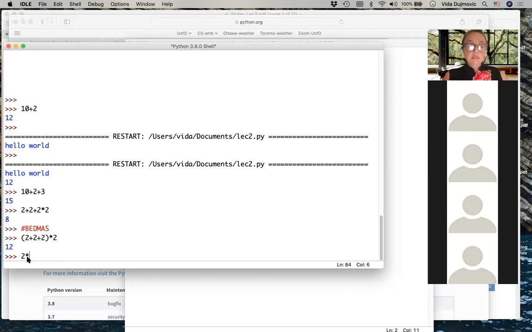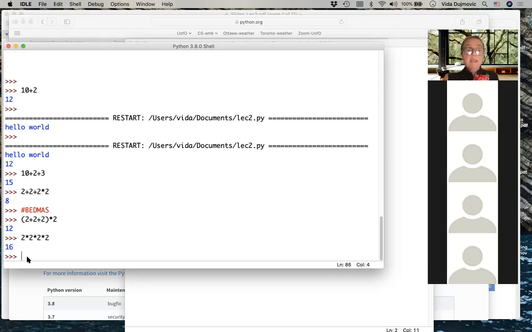All right, let's do this, 2 times 2 times 2 times 2, that's 2 to the 4. So you can multiply more than one element. You have seen that Python has a plus operator that you can apply to numbers. It knows multiplication that you can apply to numbers.